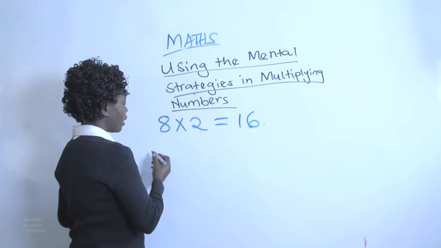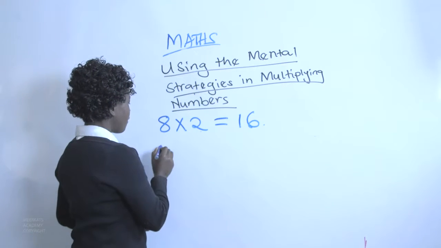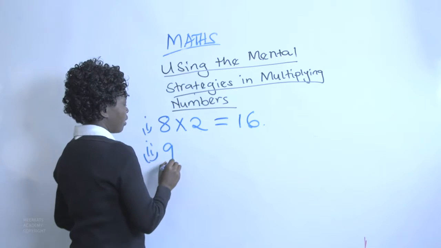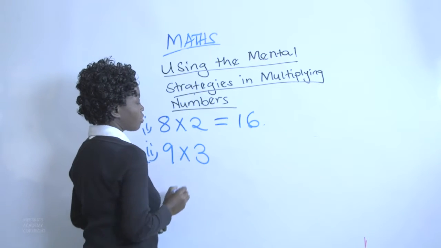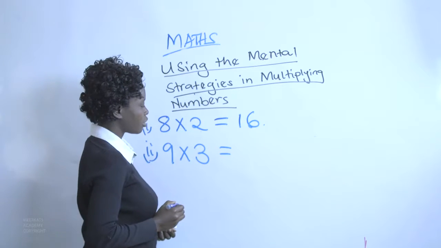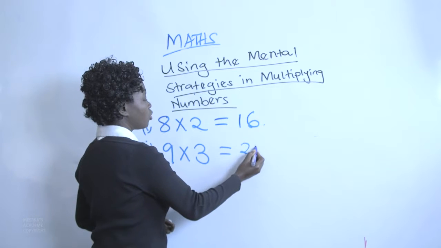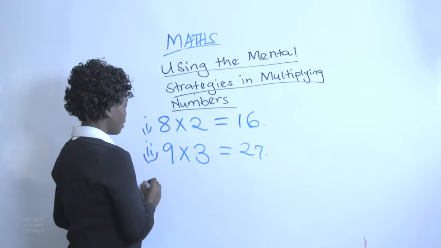We can go ahead and get another number, maybe 9 times 3. 9 times 3 from the multiplication table should give us 27.